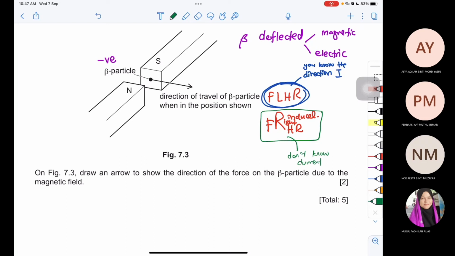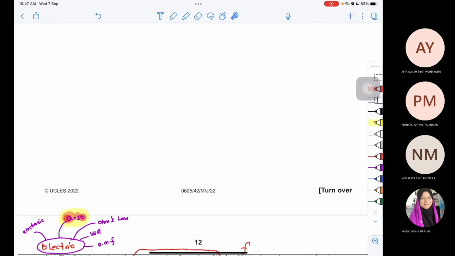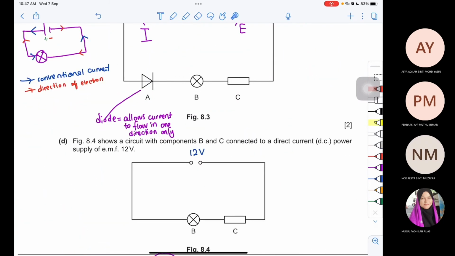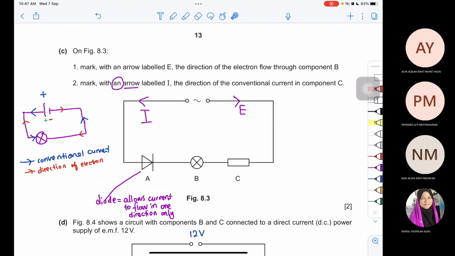Okay, so this one, do you know the direction of current? Yes or no? Yeah, so you need to know current. Okay, ingat tak kita ada buat soalan ni tadi? Okay, direction of electrons. So electrons tu dia discharge, is a charge. Tapi the current, the electrons tu yang seolah-olah produce the current because of the charge moving, electrons.